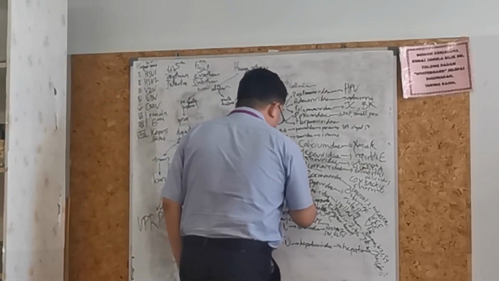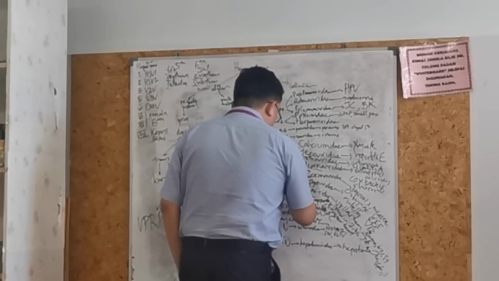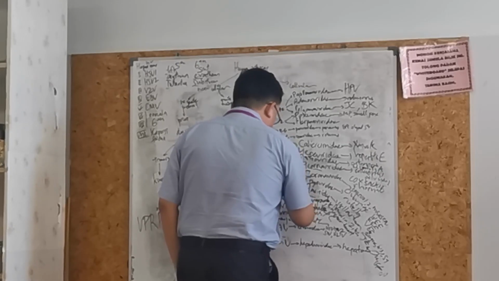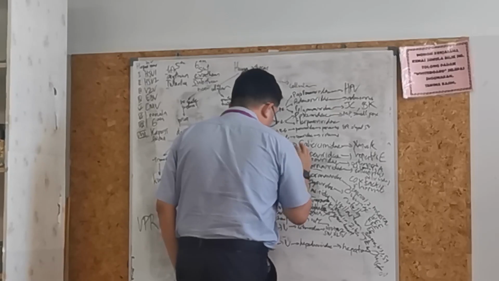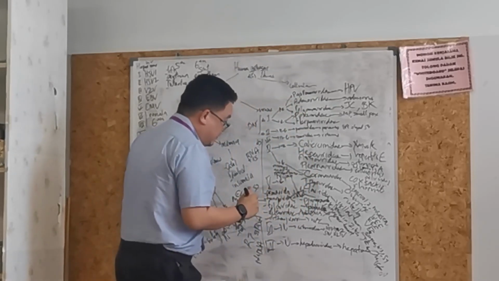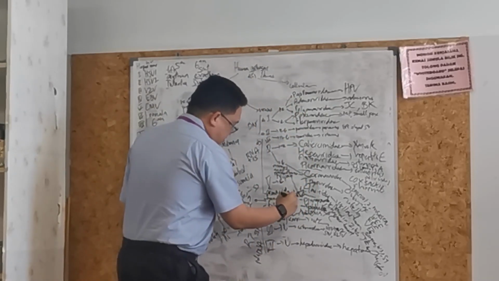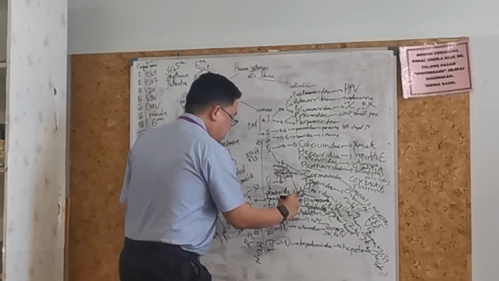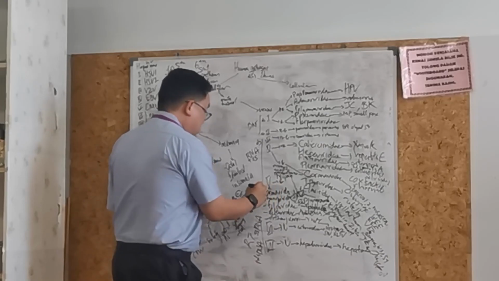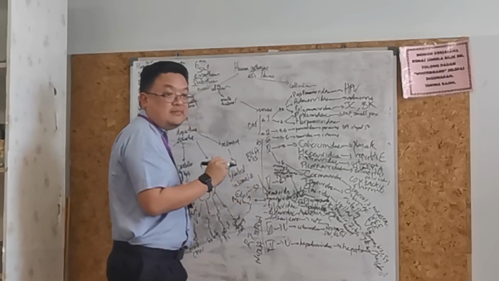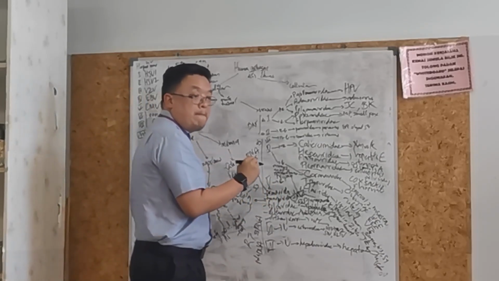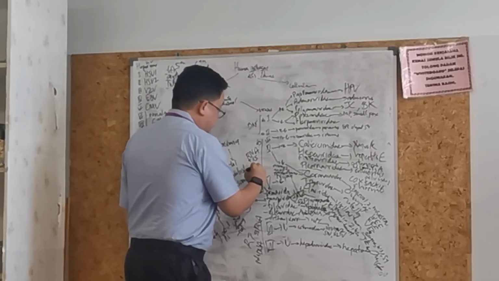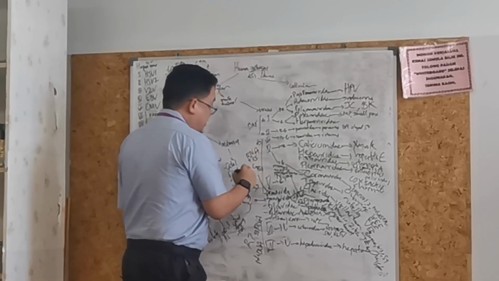So hantavirus, okay, Rift Valley fever, and wait, let me think. I think it was Lujo virus from Lusaka and Johannesburg, Arenaviridae, Lassa fever, some more.